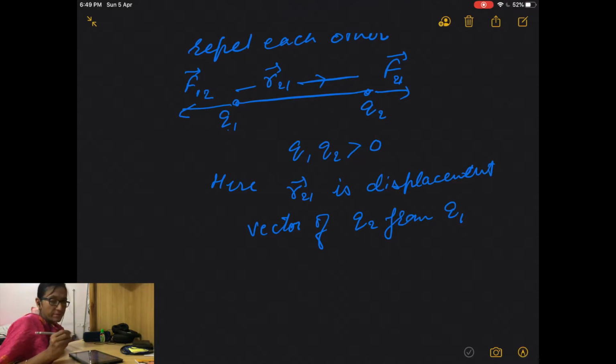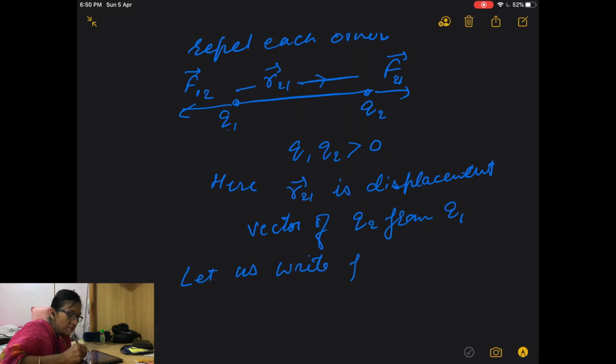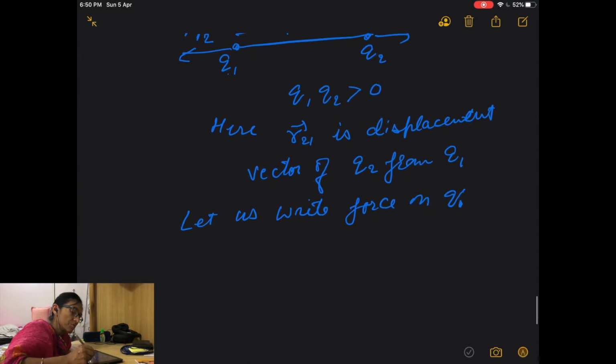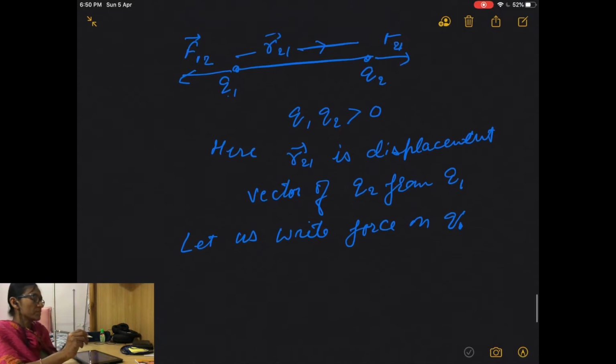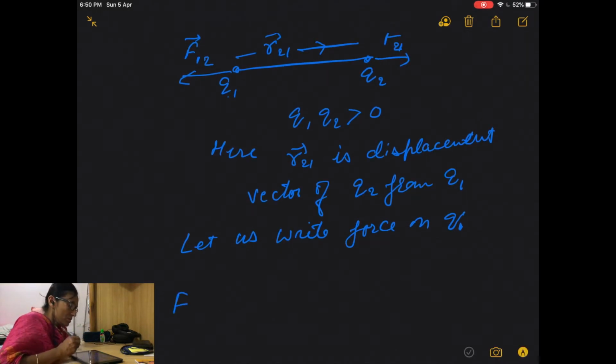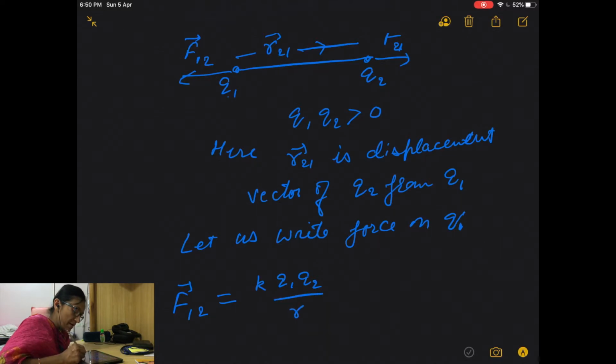Okay. Now let us write the equation of force on any one charge. So let us write force on Q1. Force on Q1 is given by F12, and this is equal to, firstly we will write the magnitude: small k Q1 Q2 by R square.